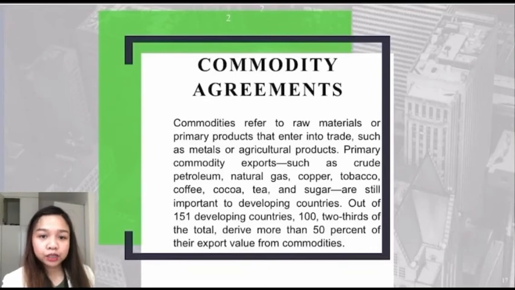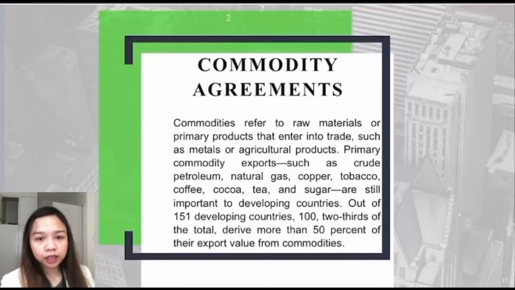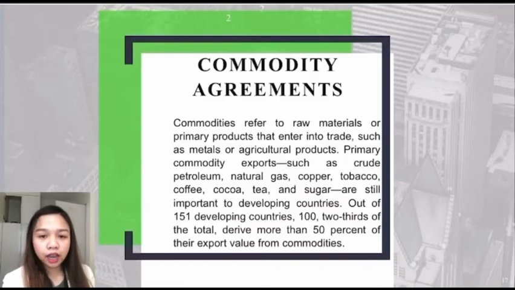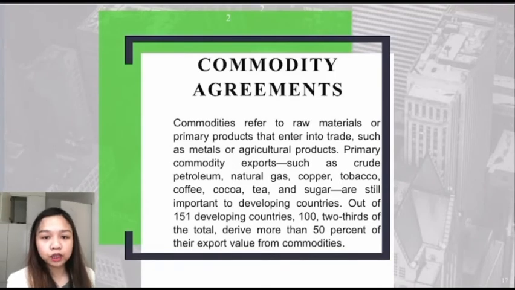Commodity agreements. Commodities refer to raw materials or primary products that enter into trade such as metals or agricultural products. Primary commodity exports such as crude petroleum, natural gas, copper, tobacco, coffee, cocoa, tea, and sugar are still important to developing countries.